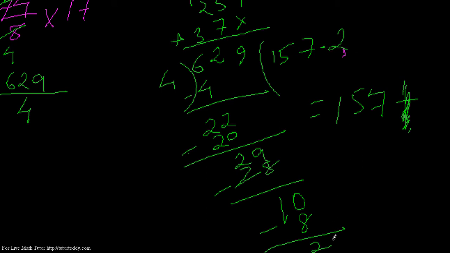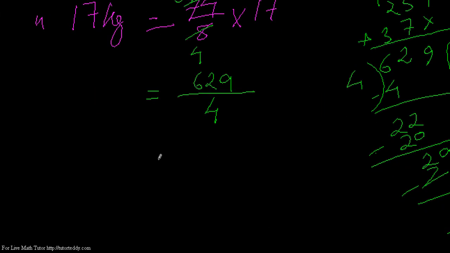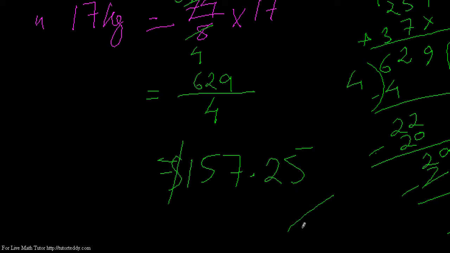For this decimal point, I can take 0 here, and 4 fives are 20. This is cancelled. So my answer is 157.25. So $157.25 is the cost of 17 kg of tea.